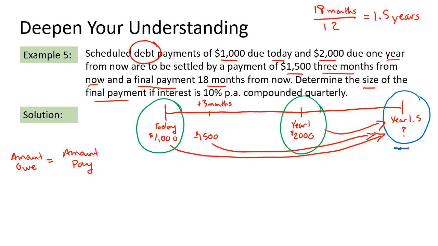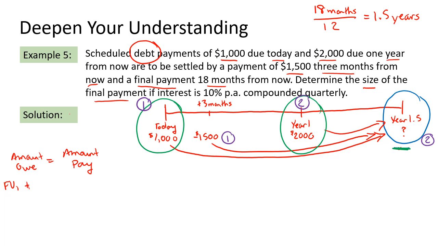Both of those, in order to find them as of year 1.5, are future value payments. So you have your future value, payment number 1. We'll call these payments 1 and 2. Those are your debt payments, and we'll call the actual payments you make payment 3 and payment 4.